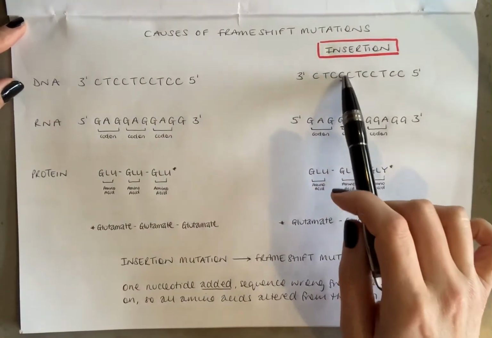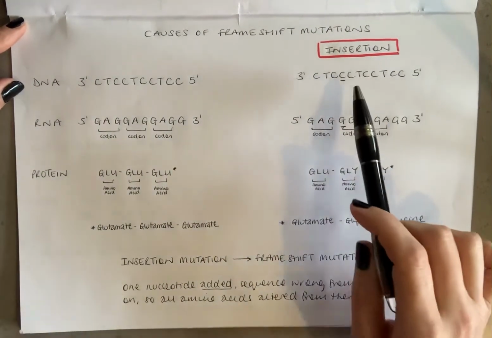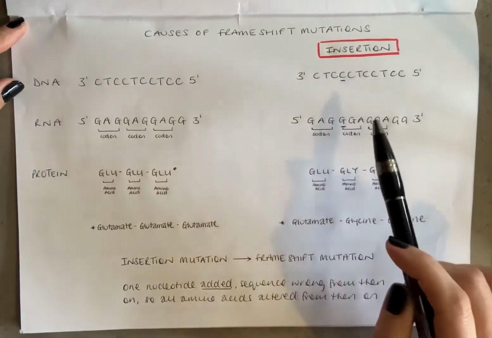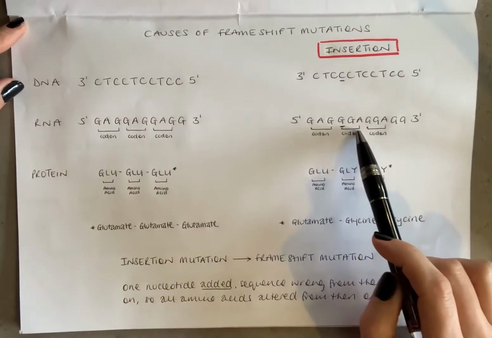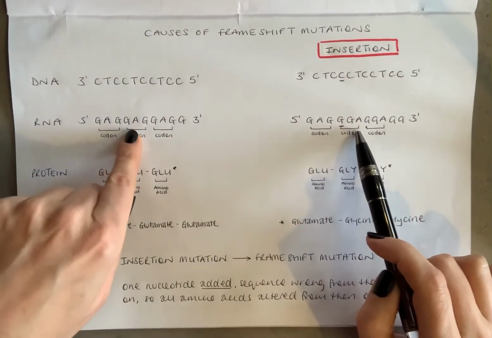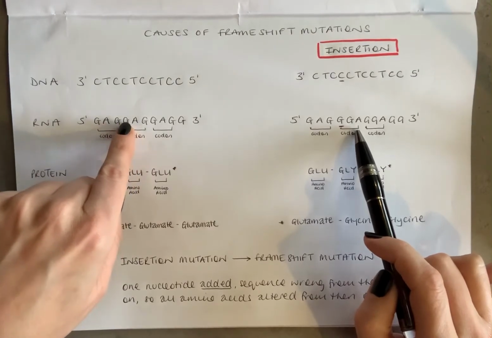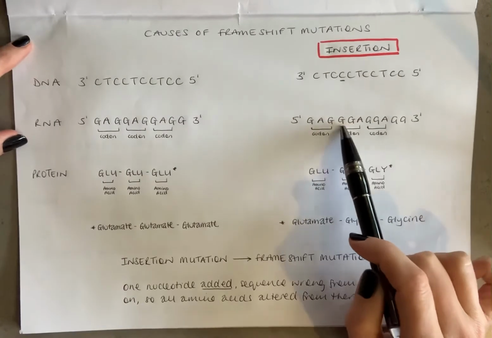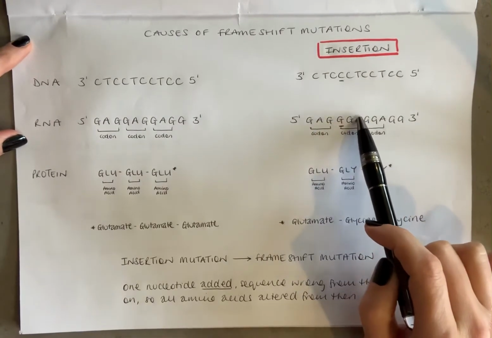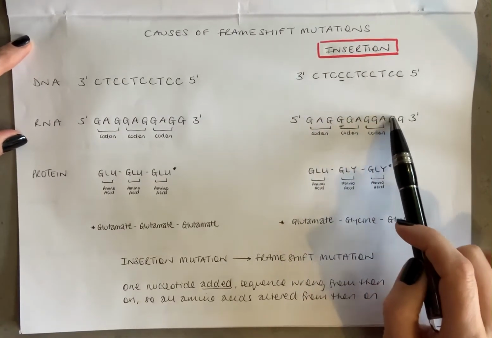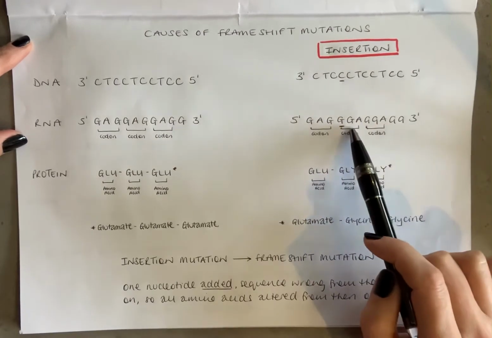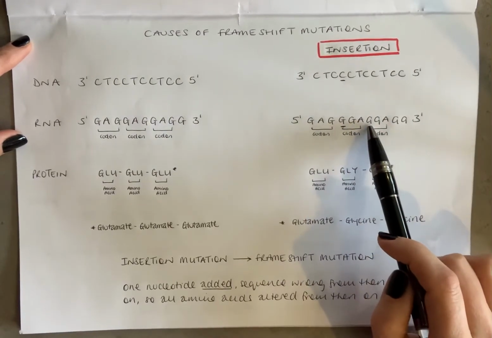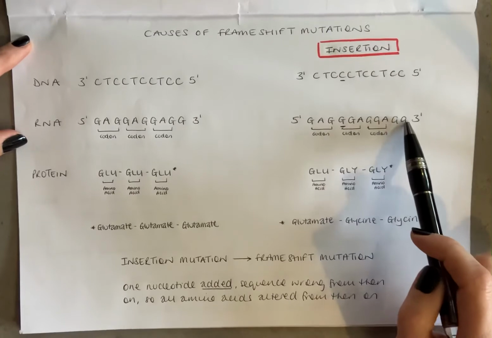But with this inserted nucleotide, we have a completely different codon from what we'd expect. We'd expect GAG, and we now have GGA. So every other sequence after this is going to be changed, which gives us GGA and then GG.